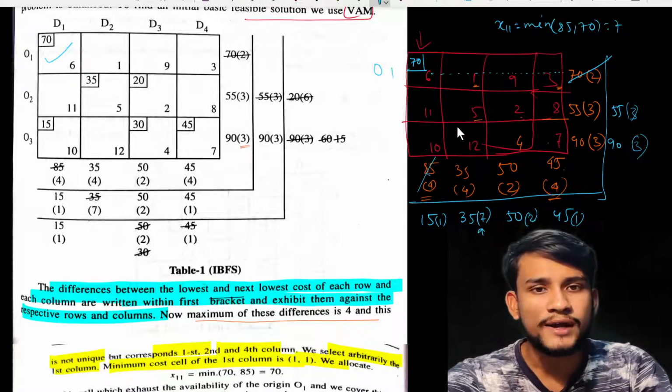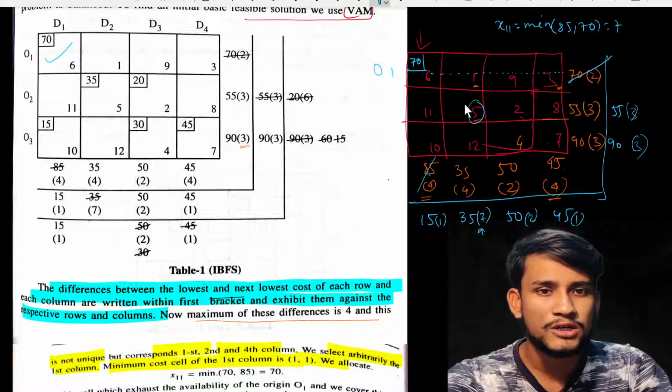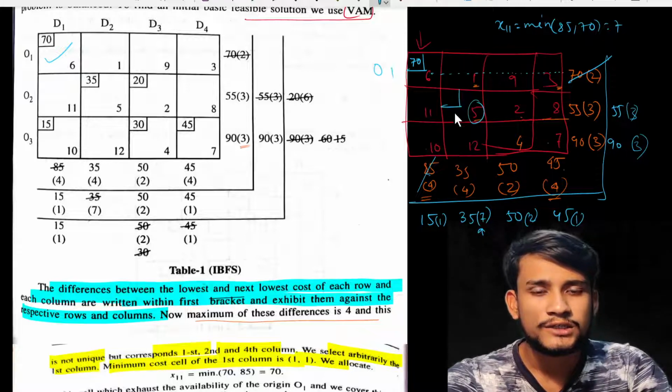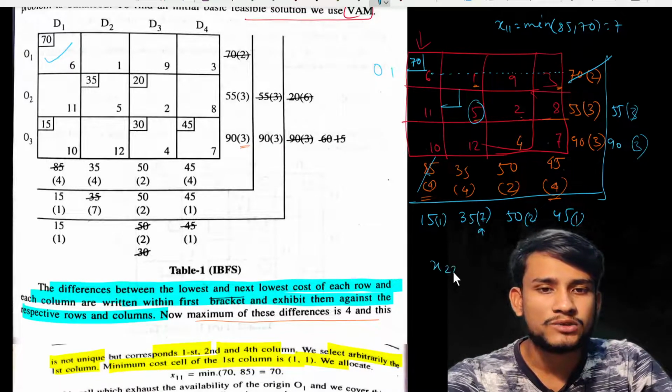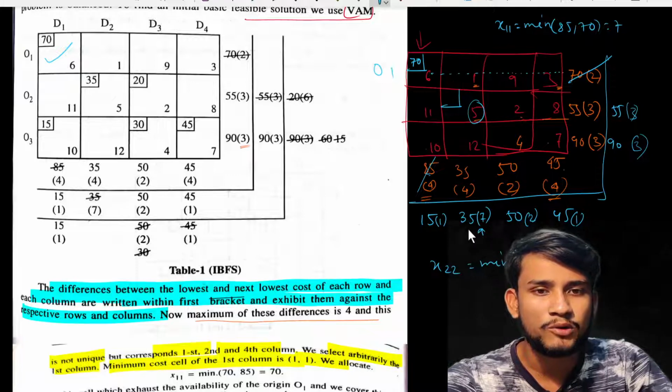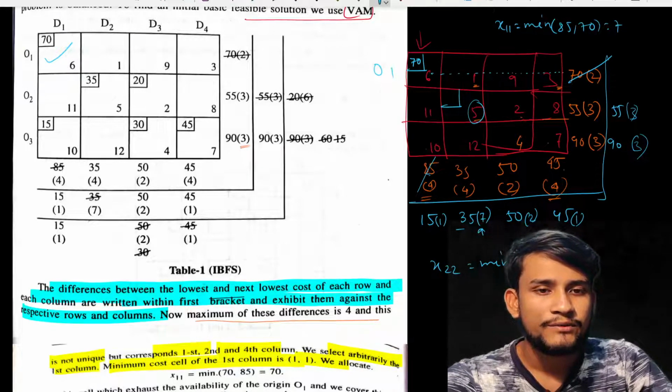Now we find the minimum cost of this column, so this is the minimum cost, so we allocate here. This is the next allocation, and here the cell number is x22. x22 is equal to the minimum of 35 and 55, which is 35.